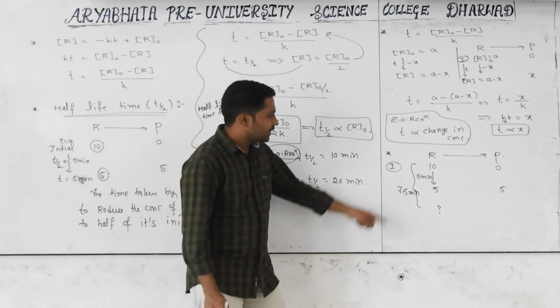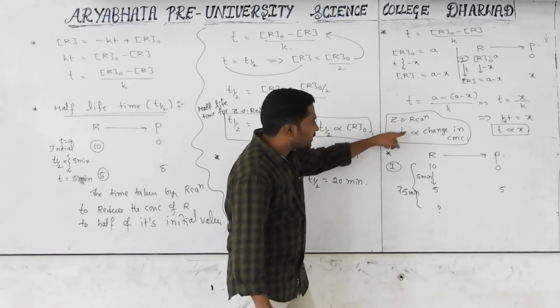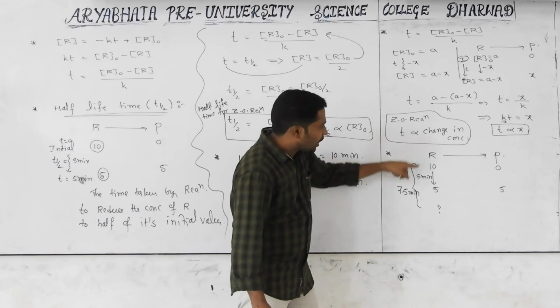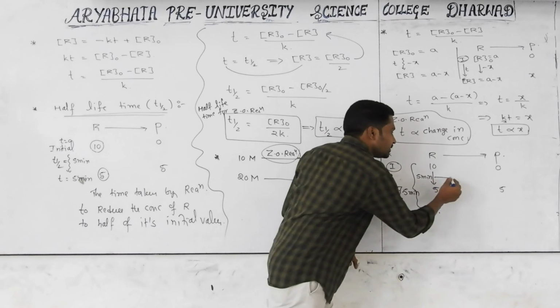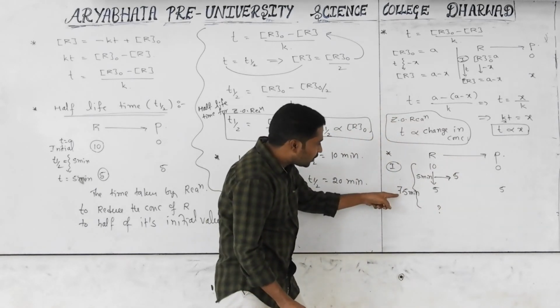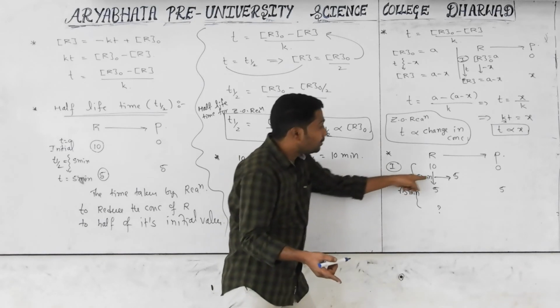Did you get my point? Yes, see carefully. What we told here, under zero order reaction, time taken by the reaction is directly proportional to change in concentration. Within 5 minutes, how much change is coming? 5. Yes or no? Yes, 5 molar change is coming. But here we want how much? Already 5 minutes change is there. We want 2.5 minutes. For 5 minutes, 5 molar change.